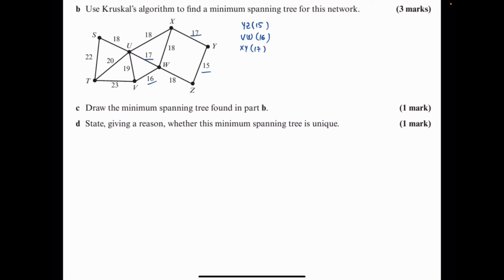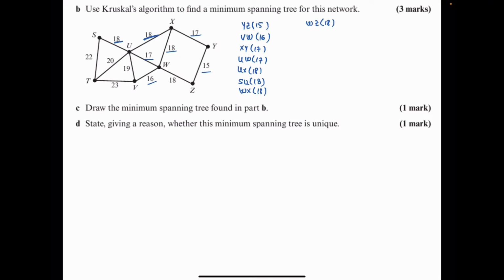But I have another 17, UW. The next one is 18, UX, and SU. Then I have two more 18s: VX, WX, and I also have WZ, it's the same weight.